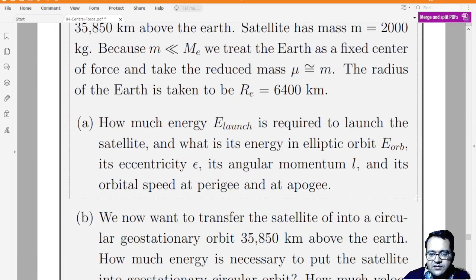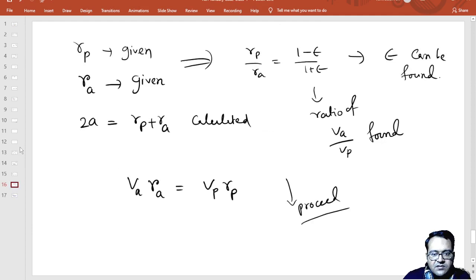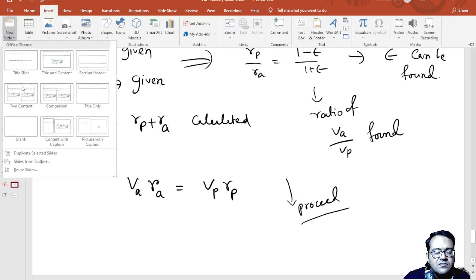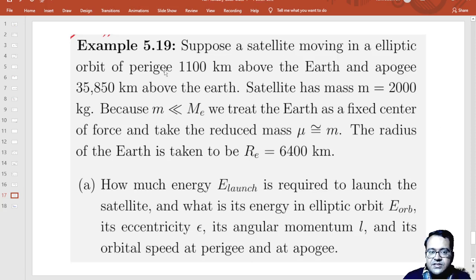Can I discuss this in detail? The satellite has some perigee and apogee distances given. Mass is given, and the radius of Earth is given. How much energy is required to launch the satellite, and what will be the energy of the satellite in the elliptical orbit? As you see, this is a practical problem.